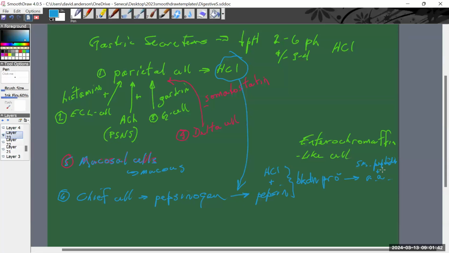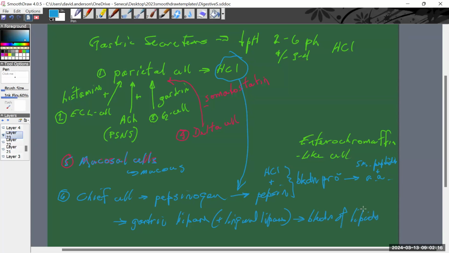Now, these chief cells also produce something called gastric lipase. So again, we talked about that word lipase. The gastric lipase plus the lingual lipase are going to work on breakdown of lipids.